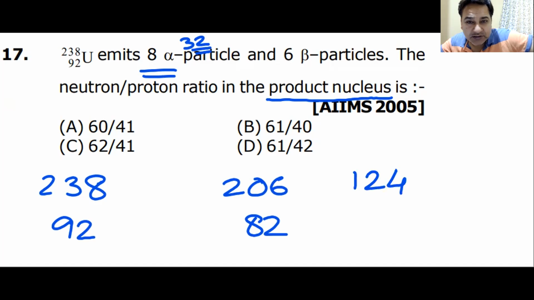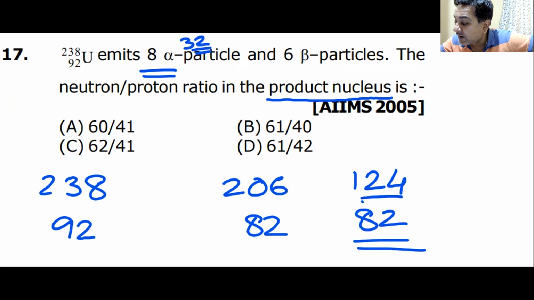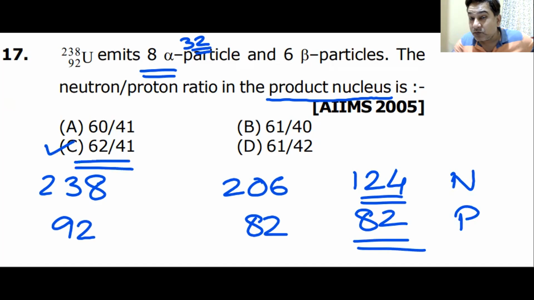So 124 is the number of neutrons, 82 is the number of protons. Now you can find the ratio and the correct answer is 62 by 41. So you will have some questions where you will have to spend more time in calculations.